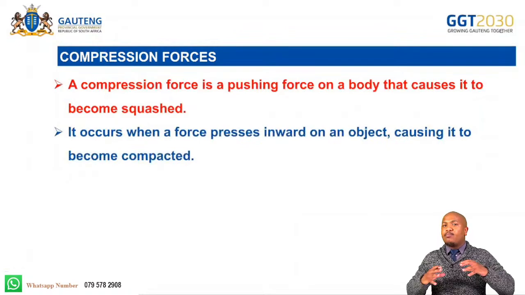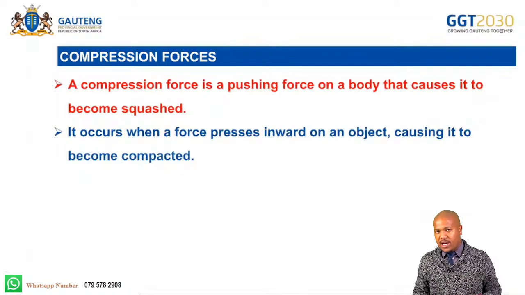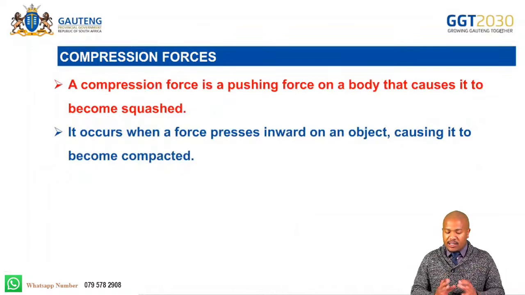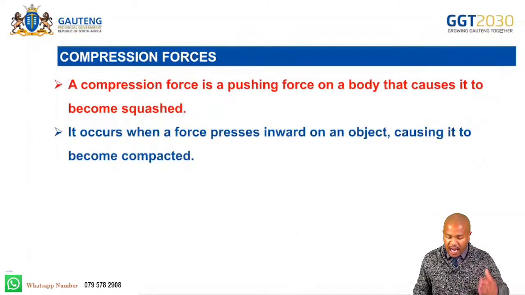It occurs when a force presses inward on an object. So when you are pushing inwards on an object, it can cause the object to become compacted, to become squashed, to change its shape.